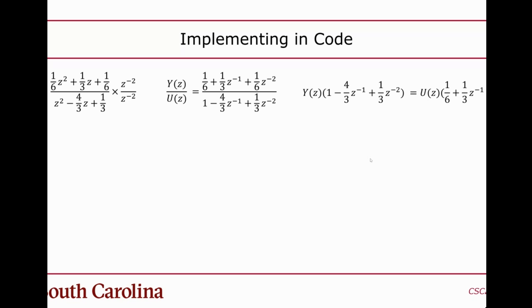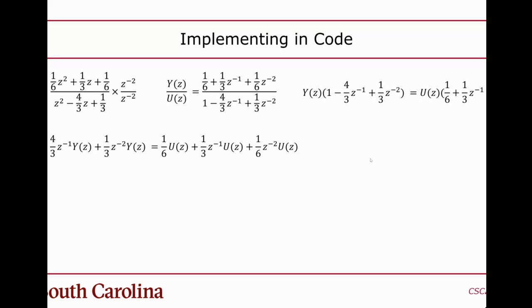So I need a way to calculate the current value of y as a function of the previous values of u, which is the input, as well as the previous values of y, the previous output values, the history. And I can do that as long as all my z exponents are less than 0 in the case of y, and less than or equal to 0 in the case of u.